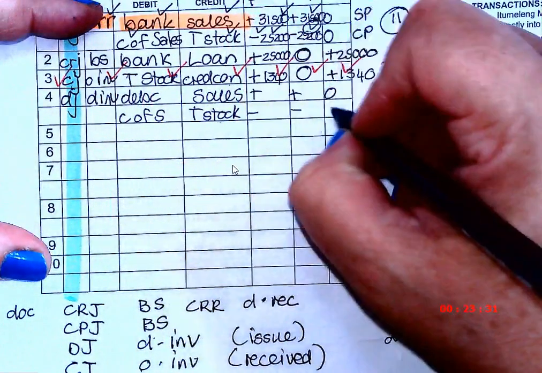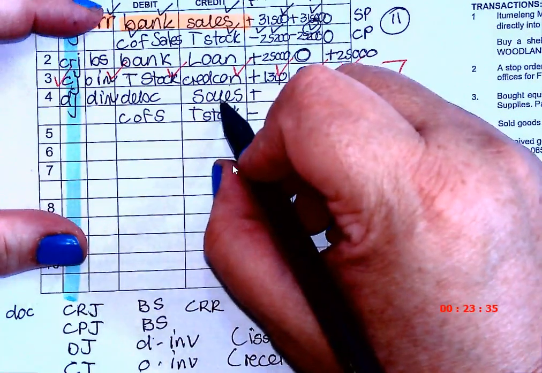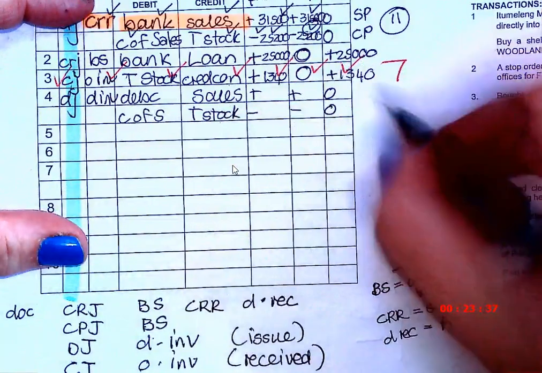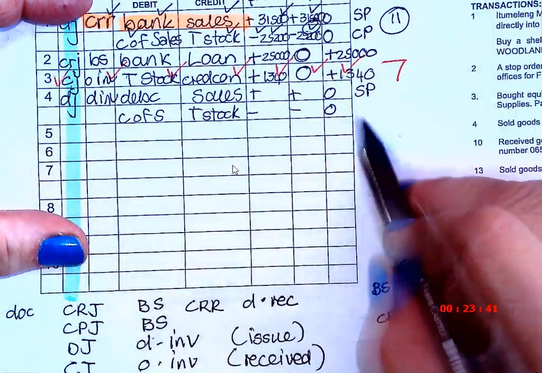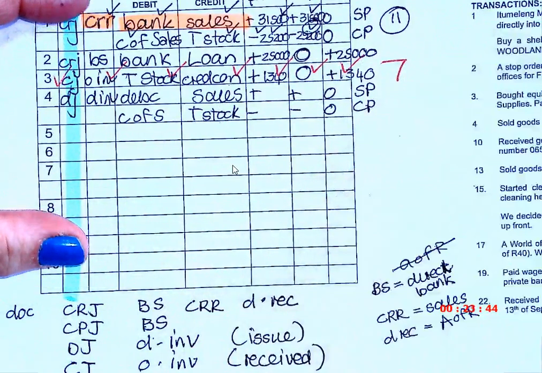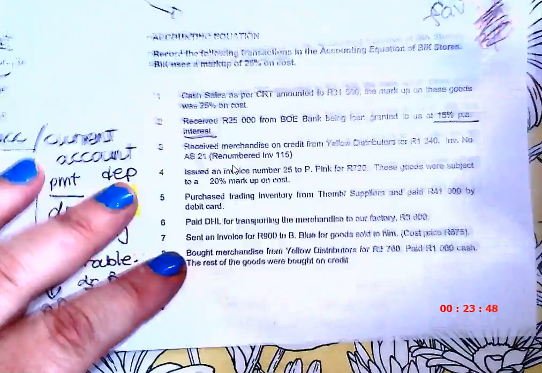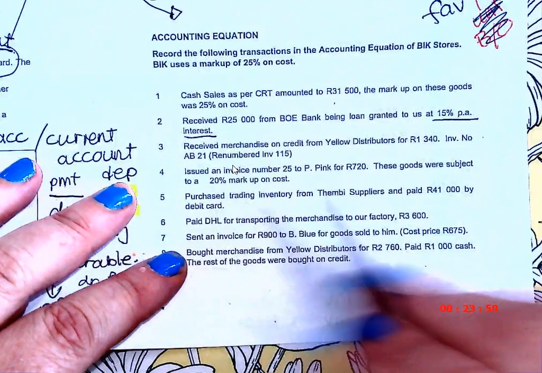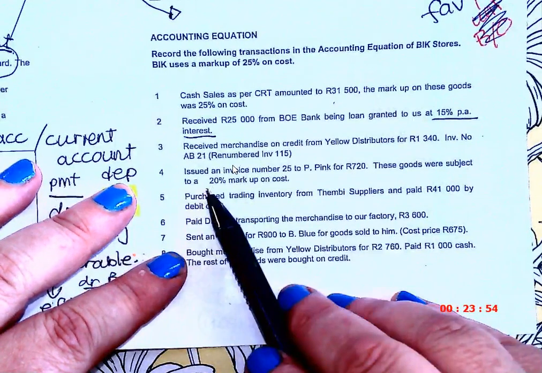And I also know sales line, the whole line goes with the selling price. Cost of sales, the whole line is going to go with the cost price. So let's go look. The sales price is 720. The markup is 20. So 720 goes here.